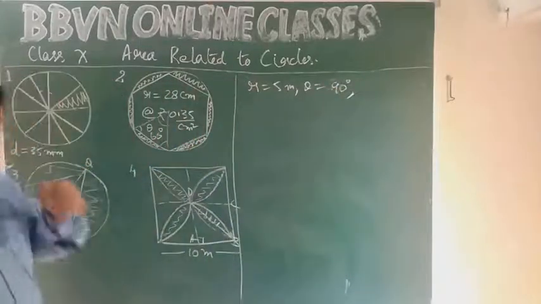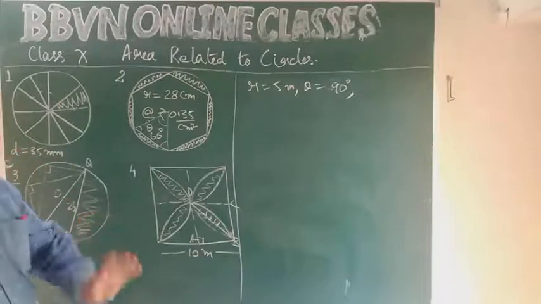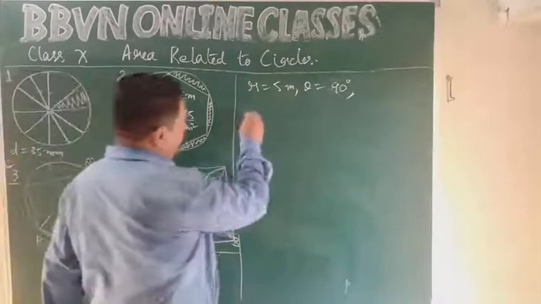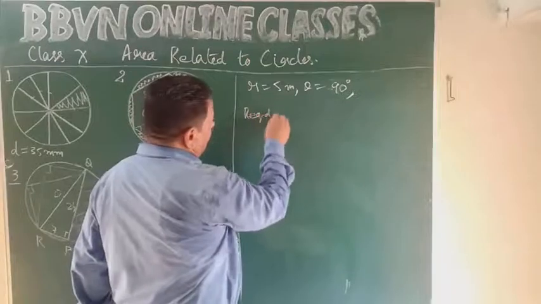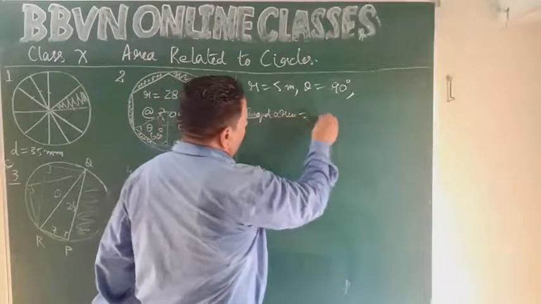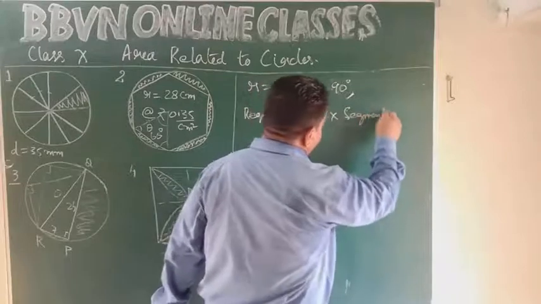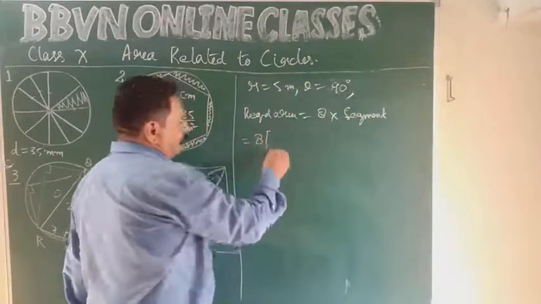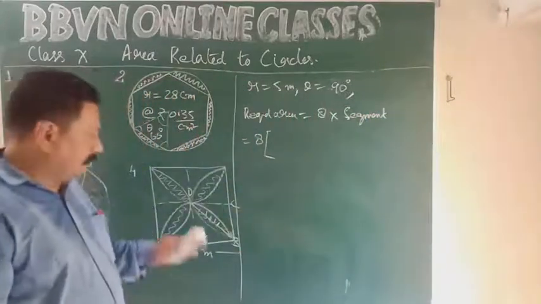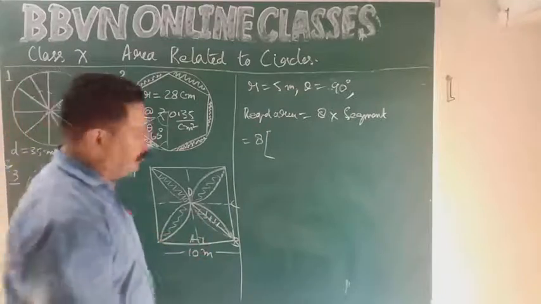Now the required area is equal to 8 times the area of one segment. 8 into area of segment. Area of segment is area of sector minus area of triangle.